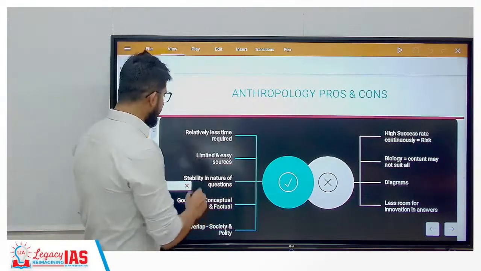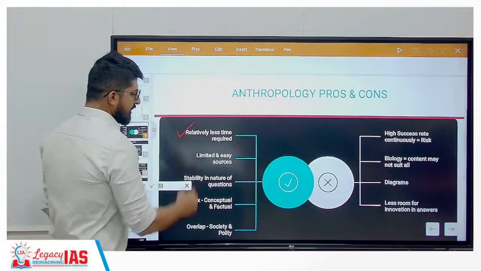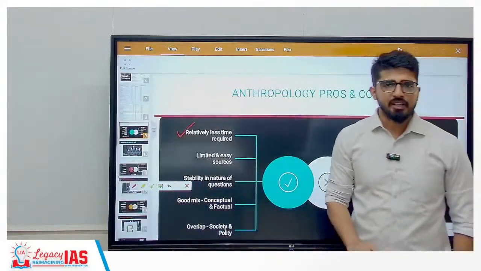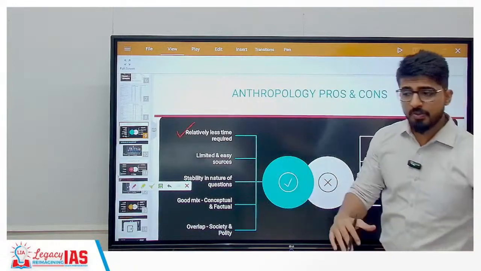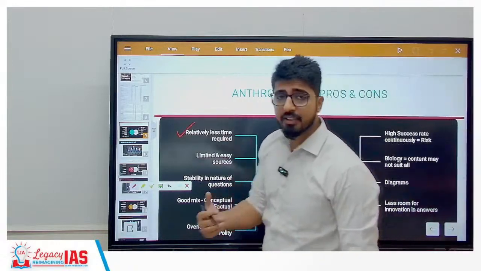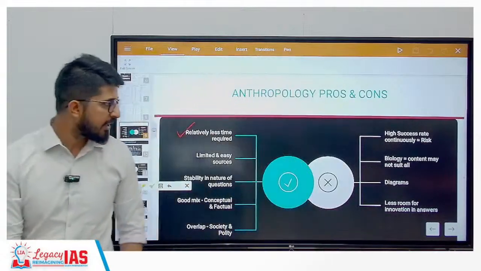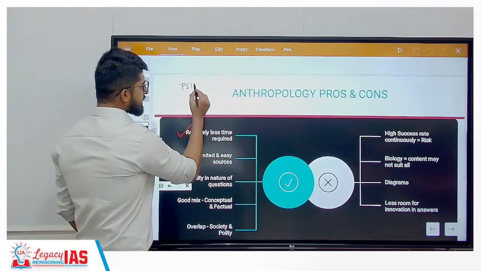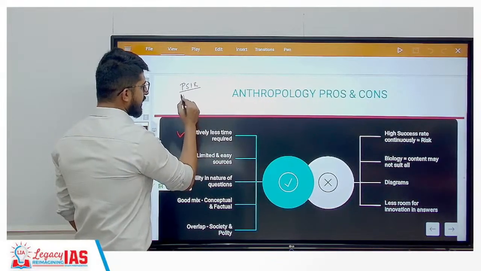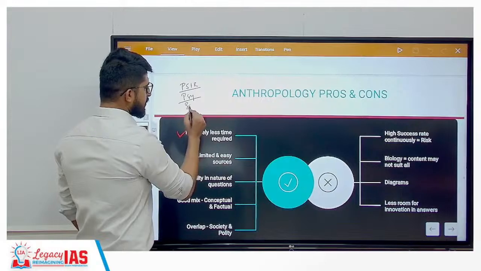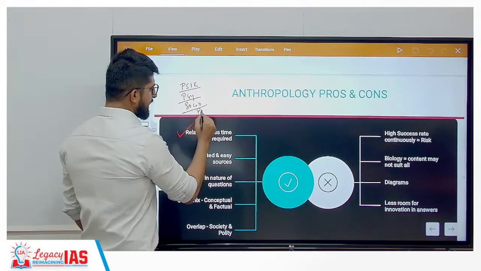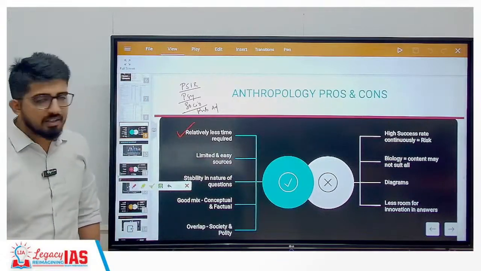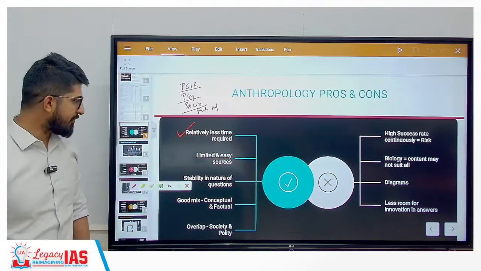The first advantage, it is relatively less time consuming compared to the other 3 optionals that we spoke of, that is compared to your political science, compared to your psychology, compared to your sociology, or even your public administration. It consumes relatively lesser time, anthropology.